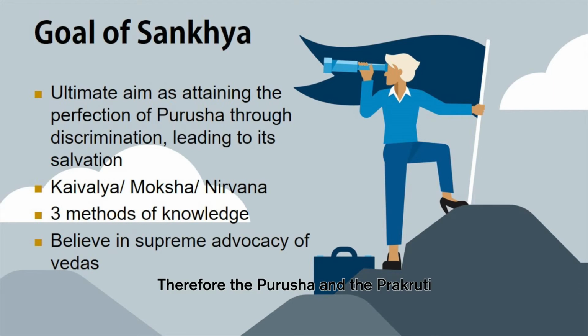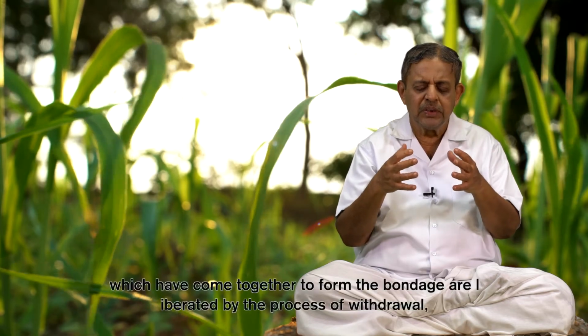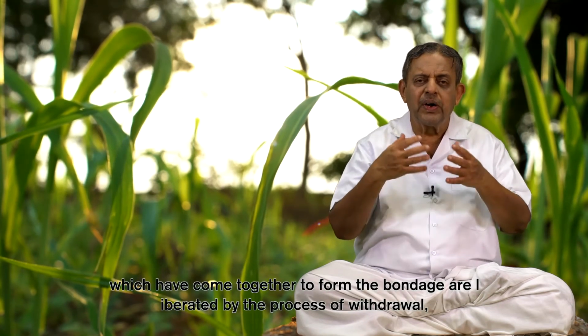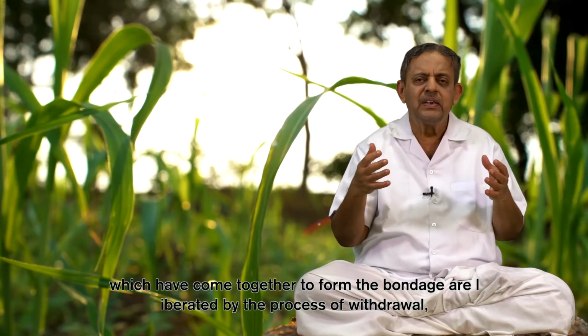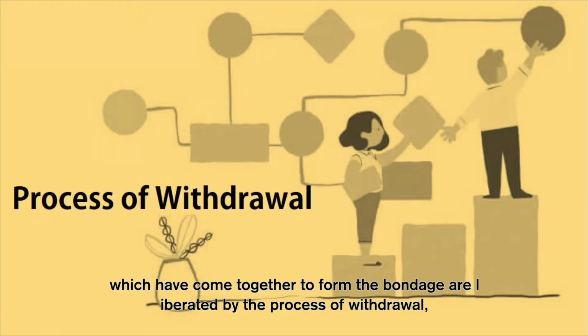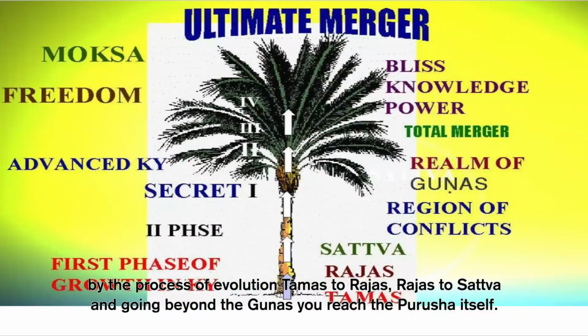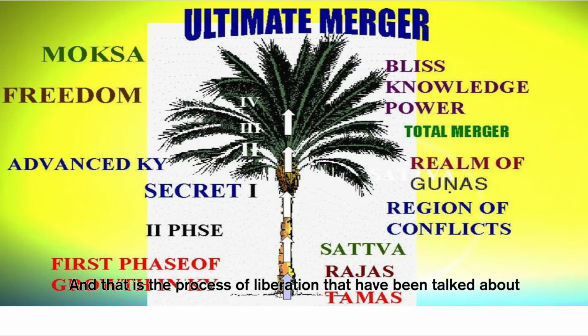Therefore, the Purusa and the Prakruti, which have come together to form the bondage, are liberated by the process of withdrawal. By the process of evolution from tamas to rajas, rajas to sattva, and going beyond the gunas, you reach the Purusha itself. That is the process of liberation that has been talked about as Kaivalya. Kaivalya is the ultimate liberation.